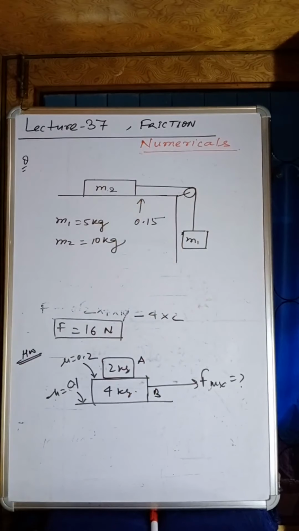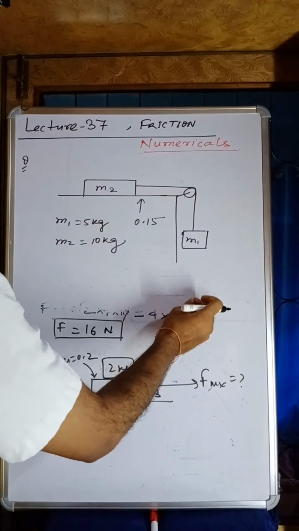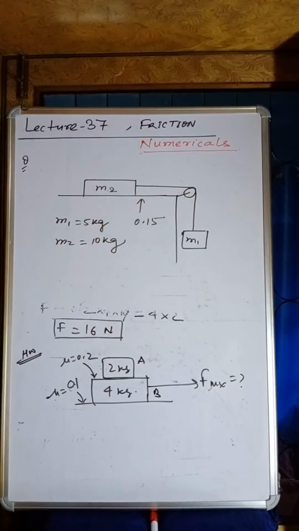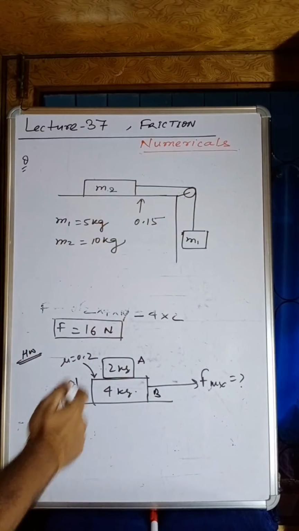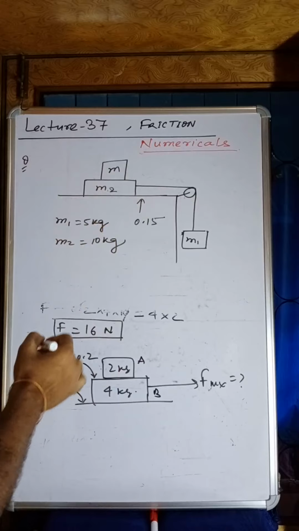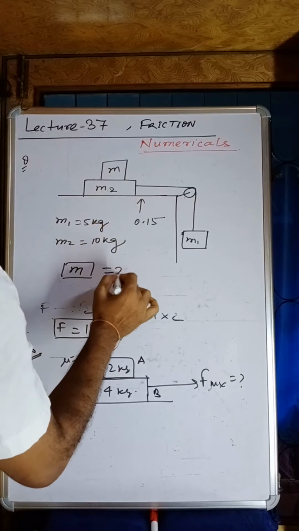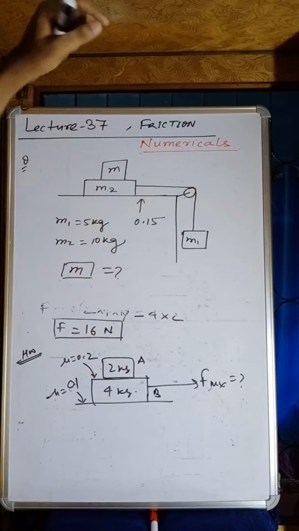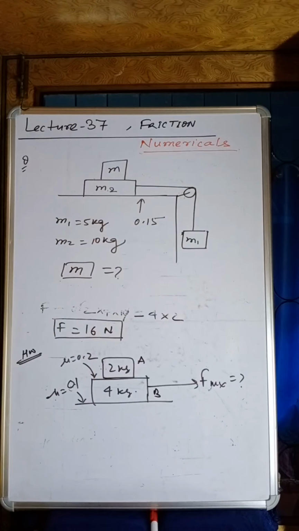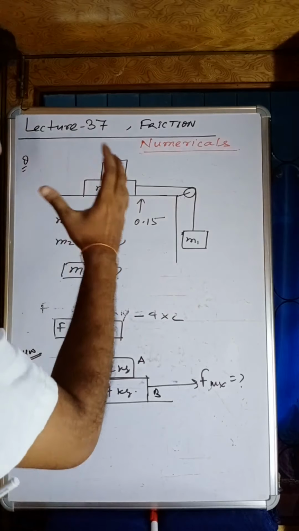It is given. Of course, the system might be moving downward, moving forward. Then how much mass should be put over here? Okay, what do we have to find? M. What mass should we put over M2 so that the system stops its motion?